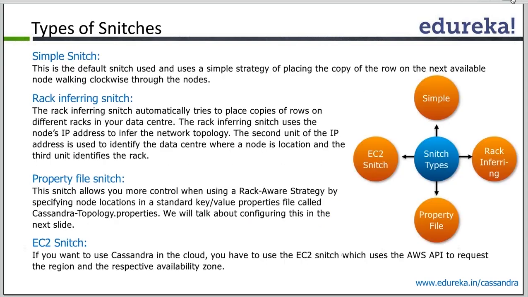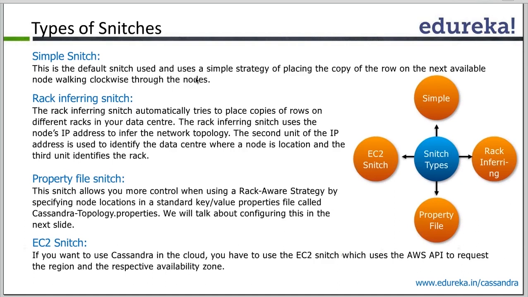What are the different types of snitches? These are the various types that are available. One is the simple snitch, which is the default one, and it uses the same concept of walking clockwise through the nodes for routing information. But the rack inferring snitch automatically tries to place the copies on different racks in your data center.